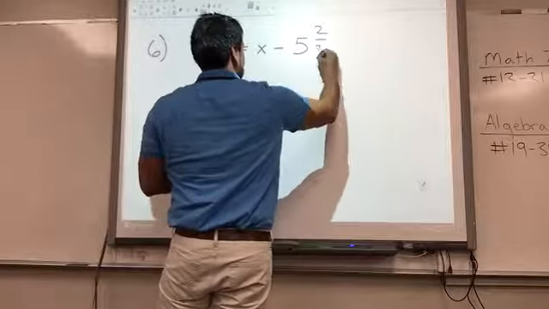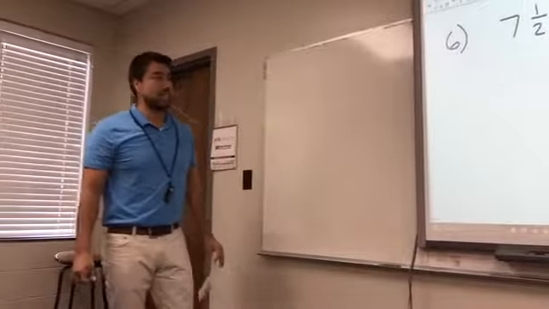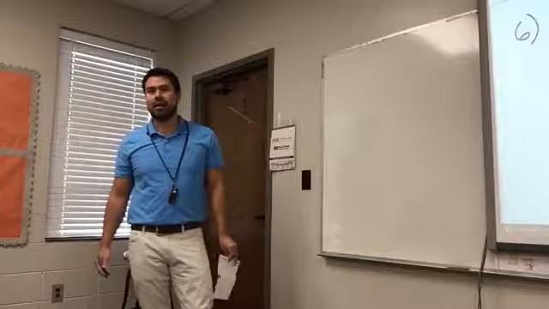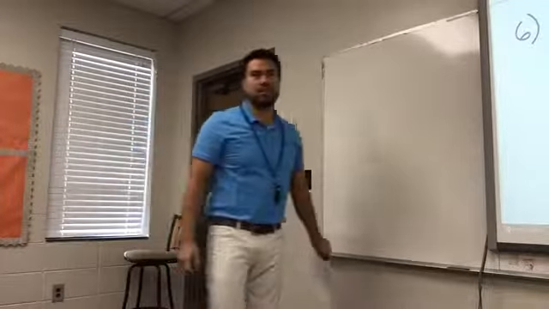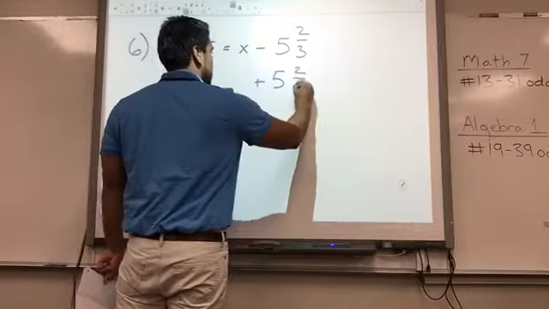5 2/3. All right, so 7.5 equals x minus 5 2/3. What's happening to x? It's being subtracted by 5 2/3. What undoes that subtraction? So I'm going to add 5 2/3 to both sides.